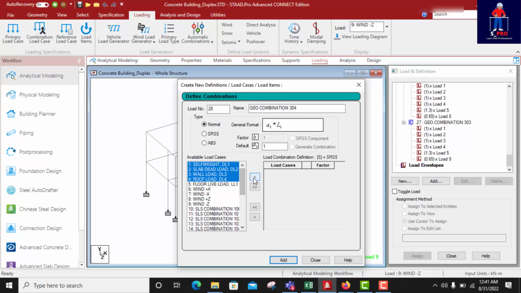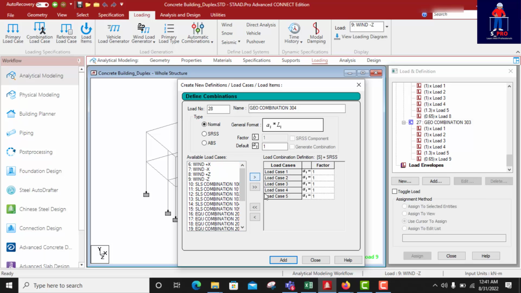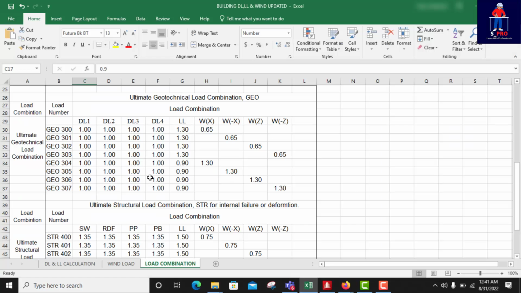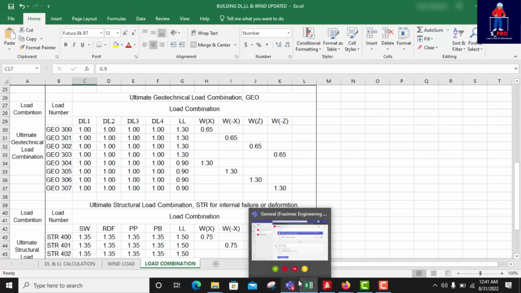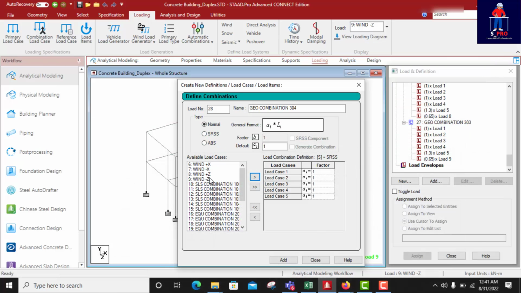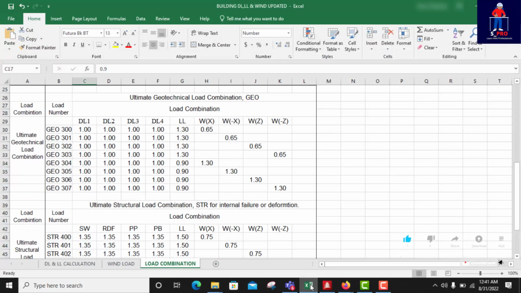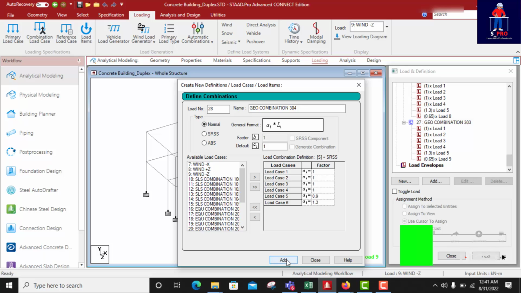All the dead load factor 1, live load 0.9, wind load 1.3, yes.